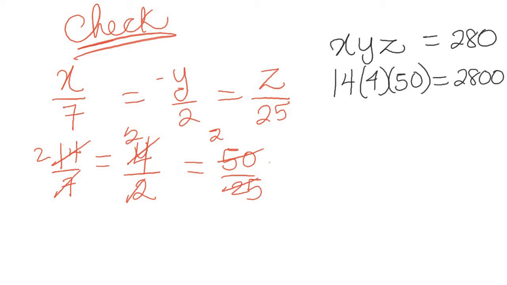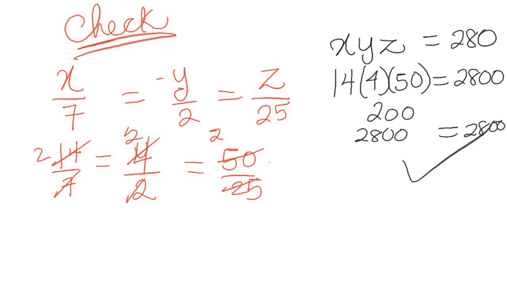But if we have 2800 on the left, that checks that our work is correct. So 50 times 4 is 200. 200 times 14: 2 times 14 is 28, and then 0, 0. So 2800 on the left hand side, as well as 2800 on the right hand side. Perfect. Our work is correct.